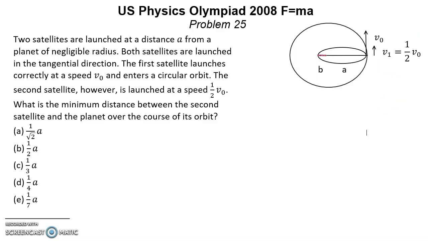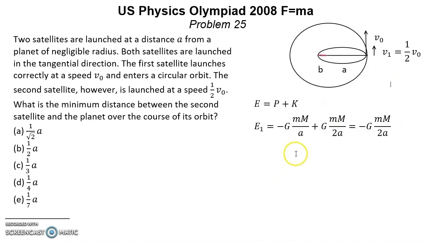So first of all, how to find the total energy for a satellite in orbit. For a circular orbit, that's an easy way. We can count it using the formula potential energy plus kinetic energy. If the potential energy is negative, the kinetic energy is exactly half of the potential energy, but with a positive sign, of course.